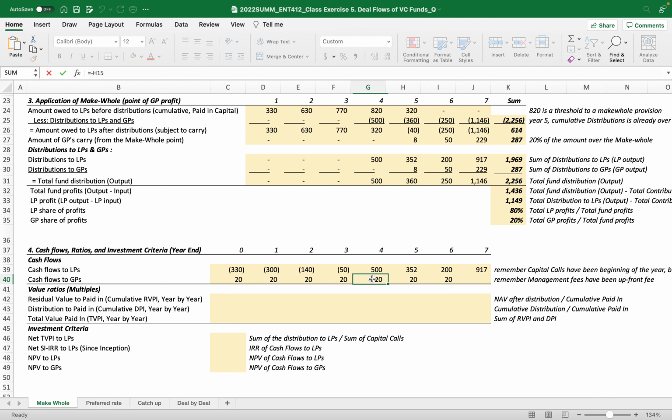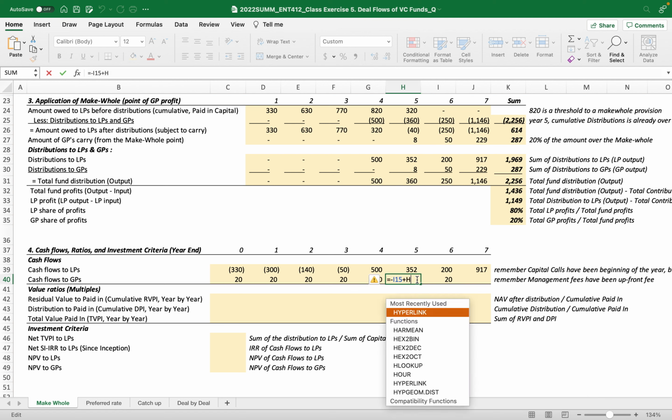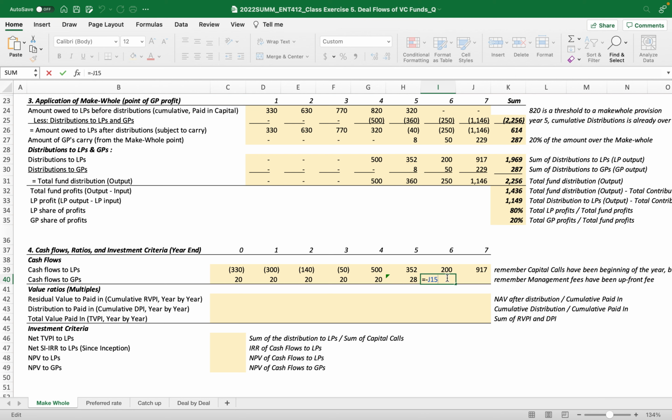Now year 4, year 5 must now include this 8, and 50, which is distribution from the profit sharing.